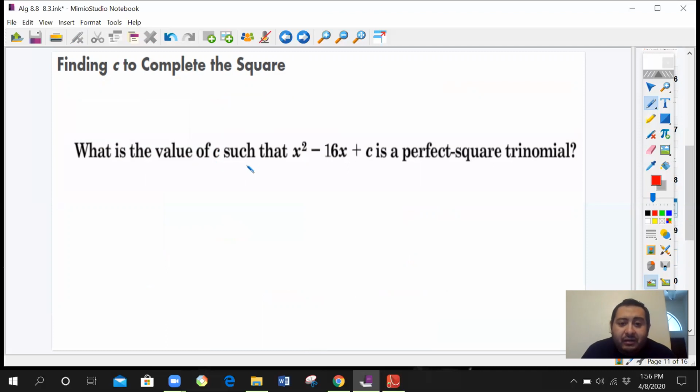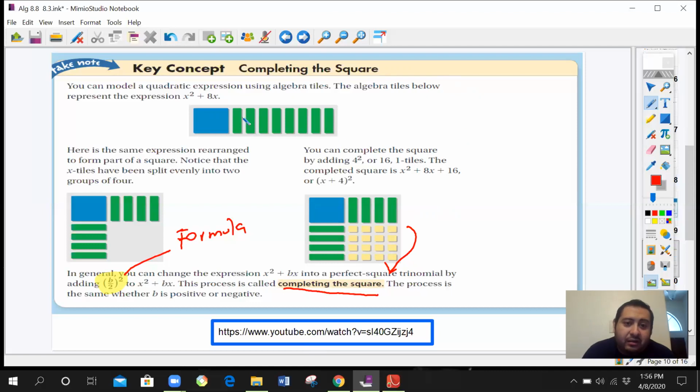What is the value of c such that x squared minus 16x plus c is a perfect square trinomial? Technically, we're going to follow this same concept. We have a binomial, and from a binomial we go to a trinomial by applying the formula.